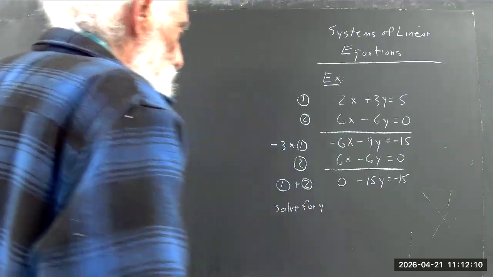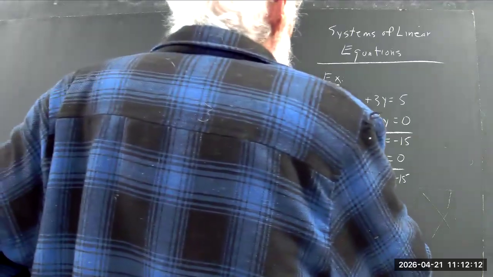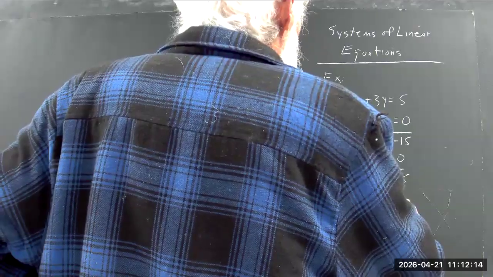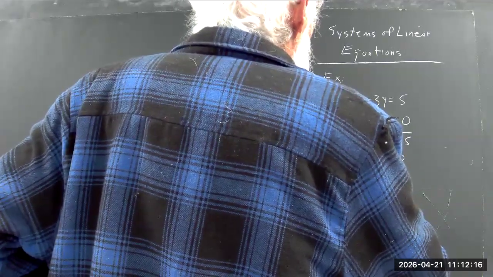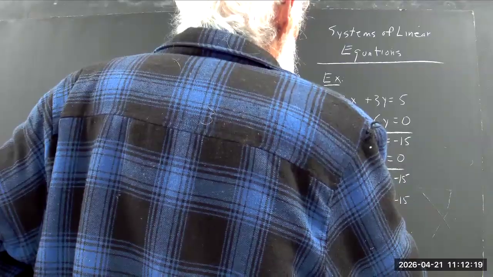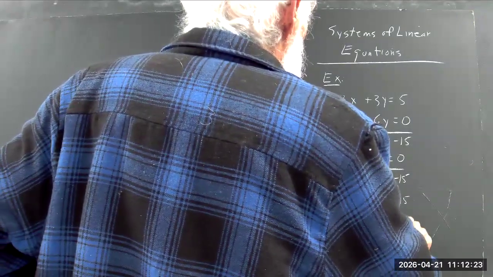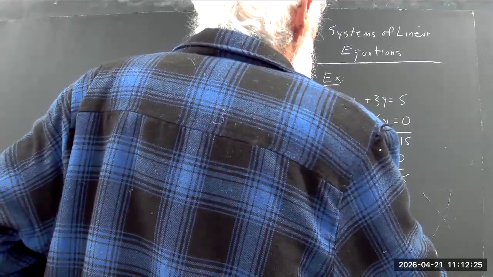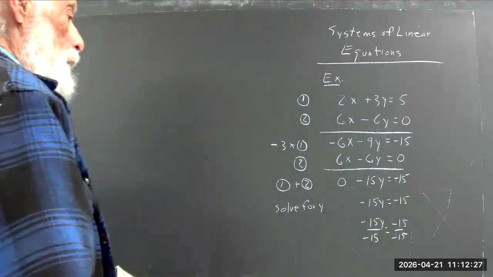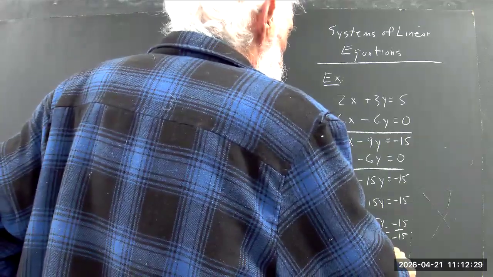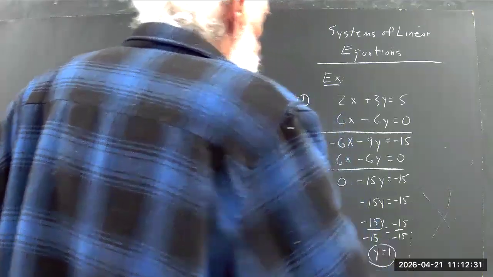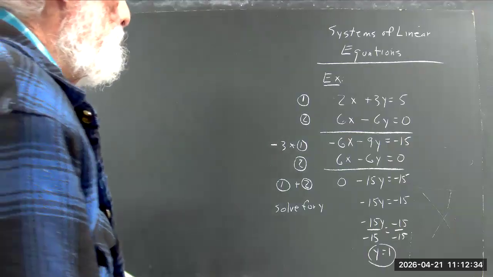We solve for y. We have -15y equals -15. Divide both sides by -15, and we get y equals 1.